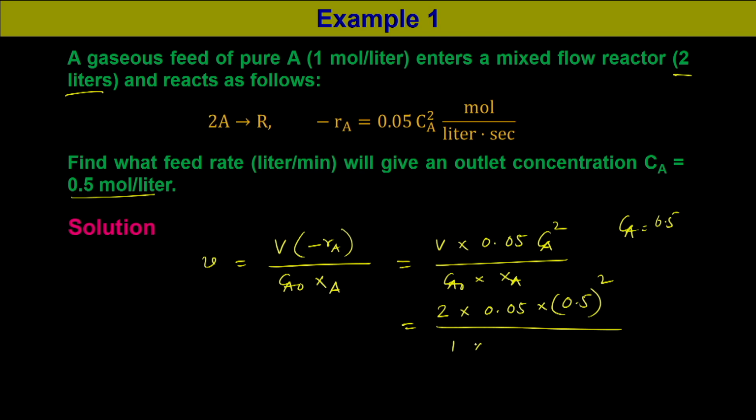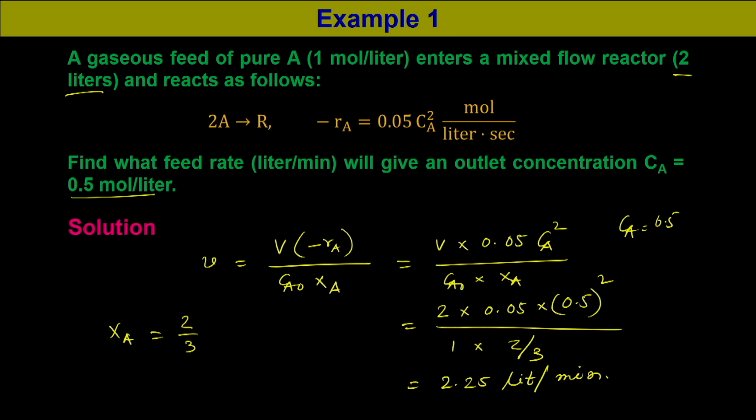So, 1 into the X A which we have calculated, which is 2/3. So, this would be 2/3. So, if we calculate, the volumetric flow rate would be 2.25 liter per minute.